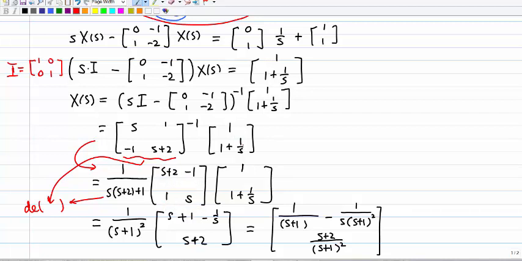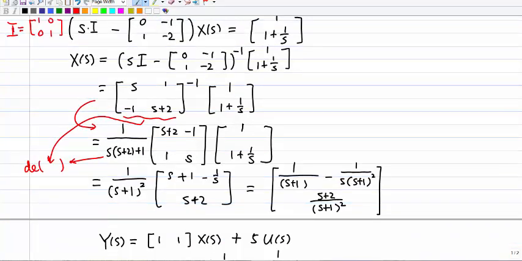The remaining part is [1, 1] plus 1 over s. After some computation, we have 1 over (s plus 1) squared times (s plus 1 minus 1 over s) and (s plus 2). This can be written as 1 over (s plus 1) minus 1 over (s plus 1) squared, and (s plus 2) divided by (s plus 1) squared.